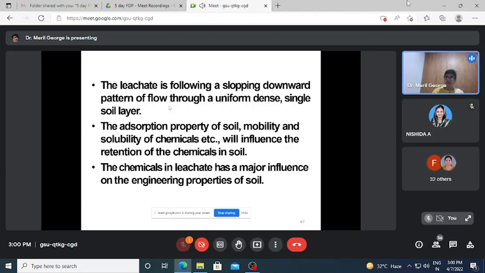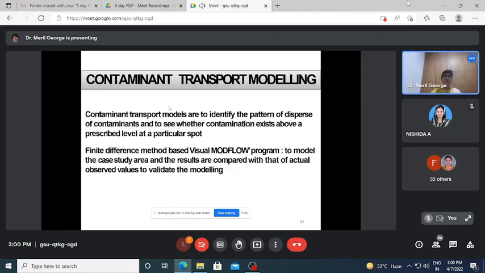And after that, the contaminant transport through the soil was studied using a numerical model of groundwater pollution transport, and that I'll discuss in this session. And here I have used the Visual MODFLOW program to model the study area.